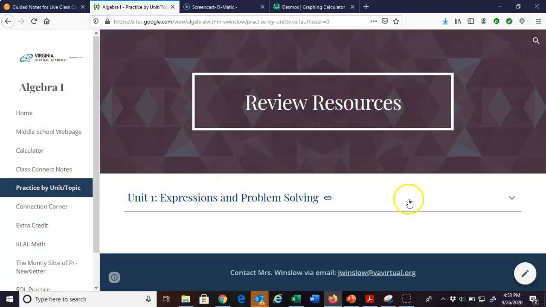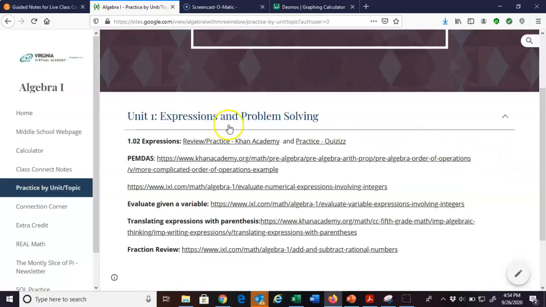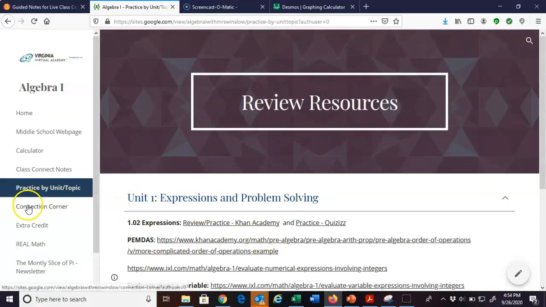So we're in unit 1 right now, and this is the part that's mostly under construction. I'm adding resources. You can see these are all the resources that are here so far for unit 1. And I've listed them by topics. If you're like, oh, I need more help with fractions, here's a fraction review. Here's some help evaluating given a variable, translating, PEMDAS, expressions work. So anytime you need more help or more practice, of course you can reach out to me. Also come to the site and check this page.